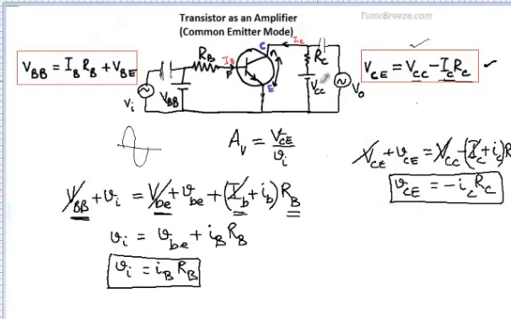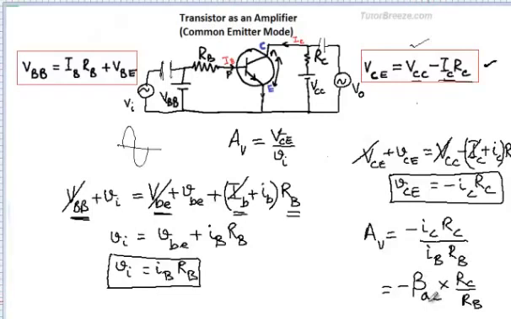So you can see that vce over here is the output voltage v0. This gives us the voltage gain, which is the output voltage over the input voltage, as minus ic RC over ib RB. ic over ib is the beta, the AC current gain, and RC is the load resistance divided by the input resistance, which is RB.